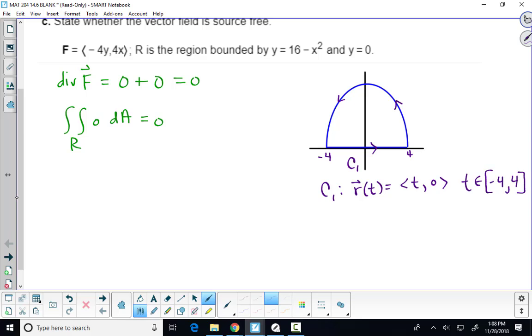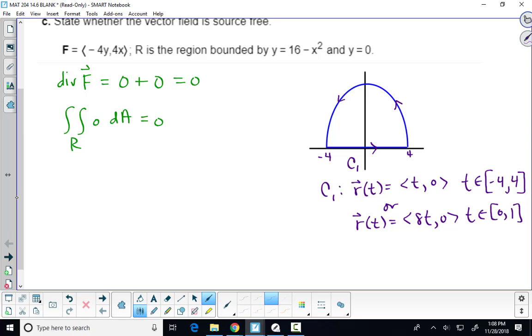You could also go 0 to 1, but then you would get 8t and go 0 to 1. Everyone follow that? No, that's not right.